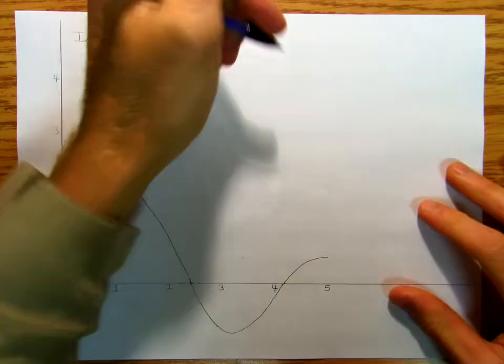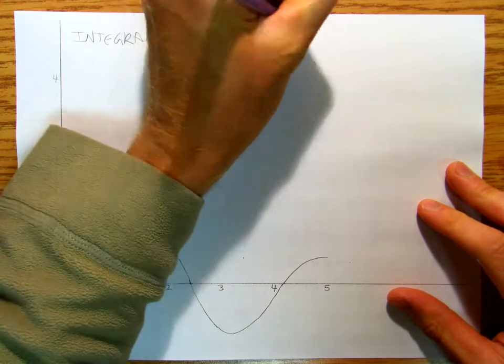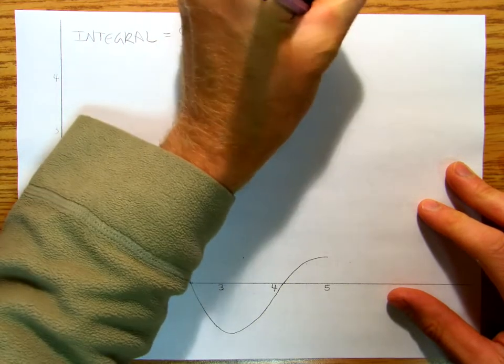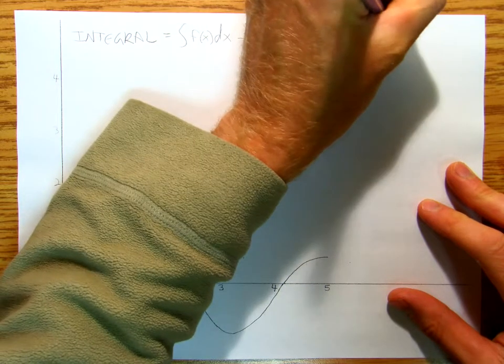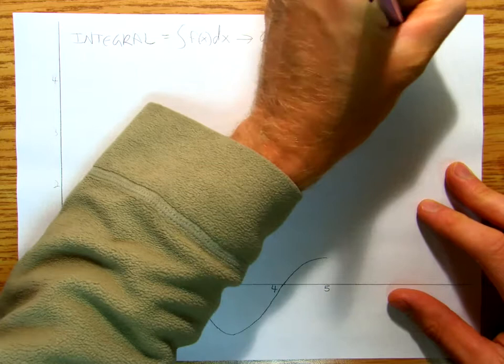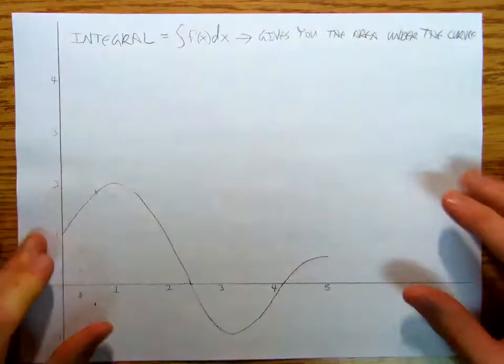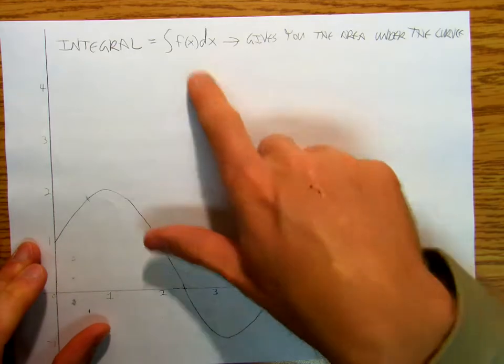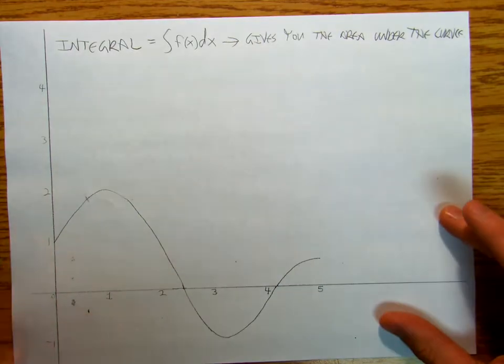We've said that the integral of f of x dx gives you the area under the curve.